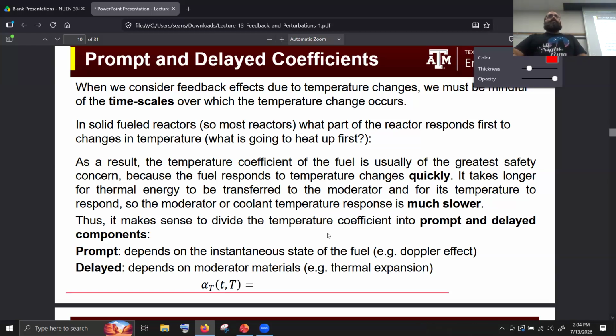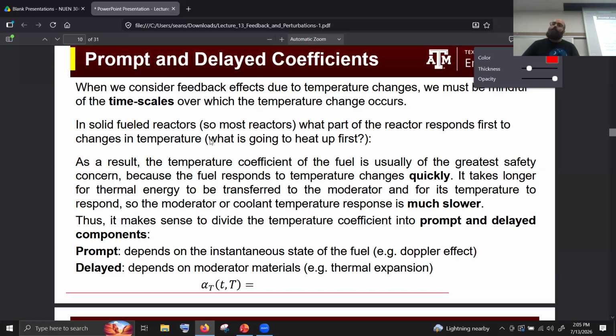So if you think about a solid fueled reactor, which is most power reactors that we have, with those little UO2 pellets, with a liquid coolant, and the system has a power change, like if the fission rate goes up, what part of the reactor do y'all think is going to have a temperature change first?